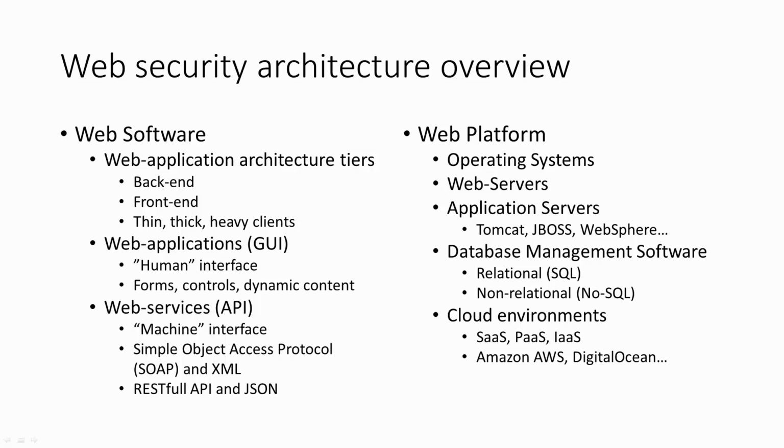And there is the other way to connect with the outside world for the web application. It's application programming interface, so API. It's more of a machine interface. So in this case, the front end is normally called a web service, and it assumes that some other application will be connecting to the API.